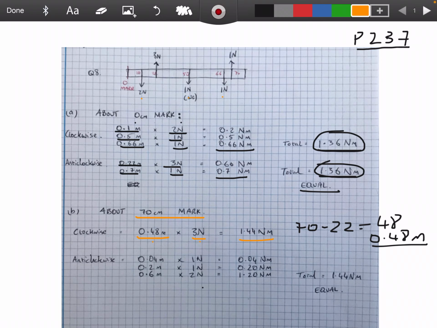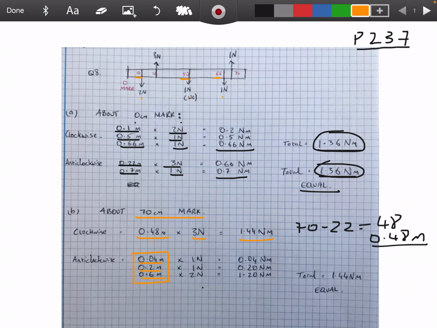And again, the tricky bit, or the bit that people will probably get tripped up on, is getting the distance from 70. Okay, so look, we've got 66. That's 4 centimetres away from 70. I've got 50, which is 20 centimetres away. And I've got 10, which is 60 centimetres away.